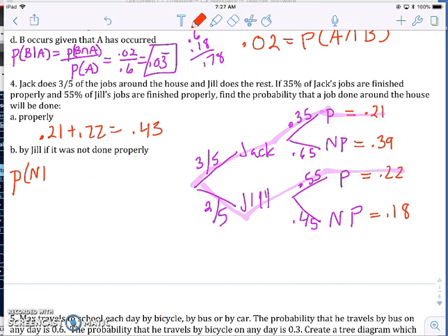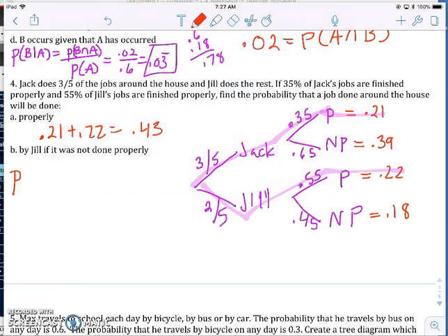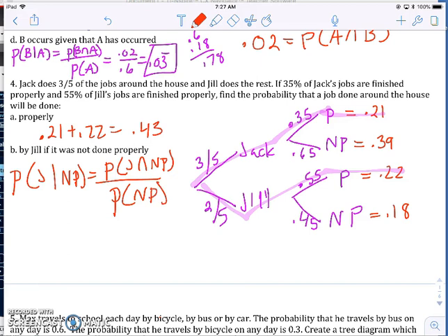You want the probability that it was by Jill given it was not done properly. So that changes it a little bit. The probability of Jill and not proper over the probability of not proper. So Jill and not proper is still this one, 0.18.